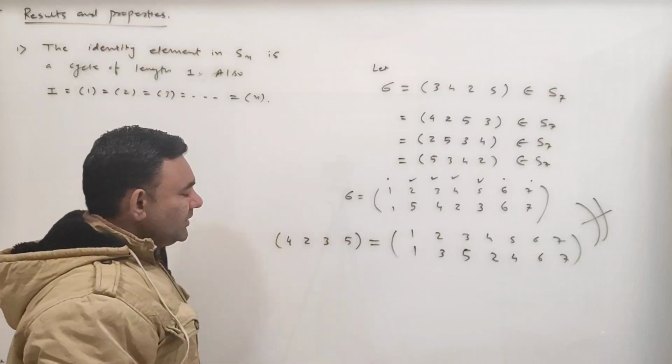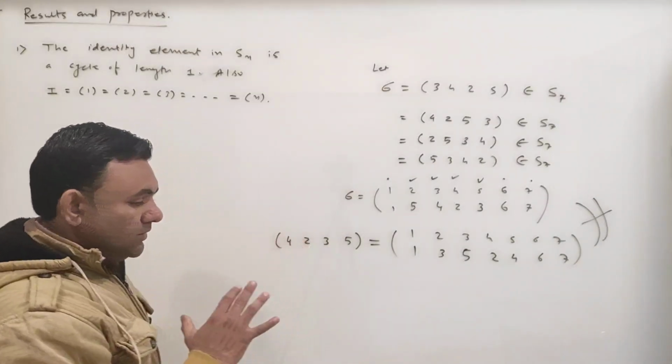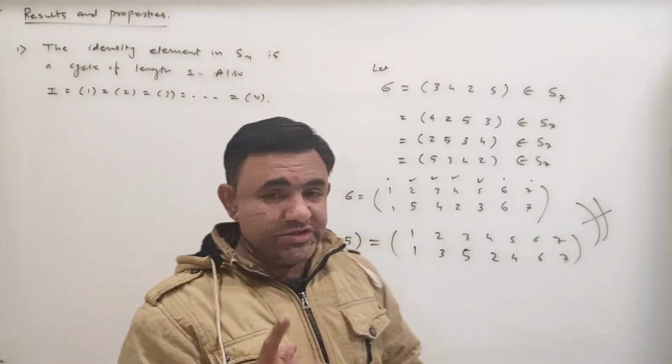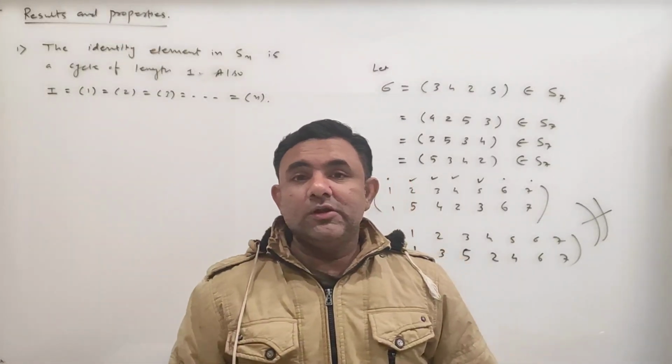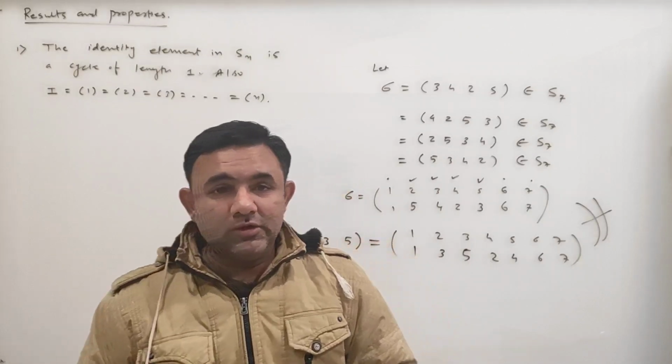So the order of other elements also changed here. So what does it mean? The cycle does not change by changing the order of its elements, as long as the cyclic order is kept, right?